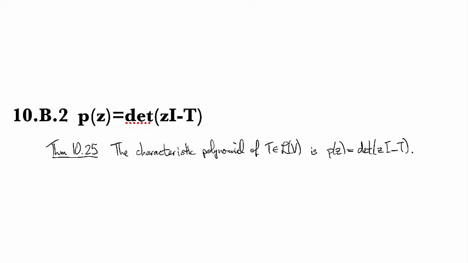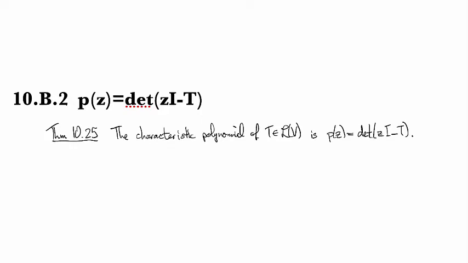the issue is just that silly -1 to the power of n, which sort of makes a mess about things. So you'll find different conventions in different textbooks. So in some places they'll talk about the determinant of t minus zI instead of the other way around.